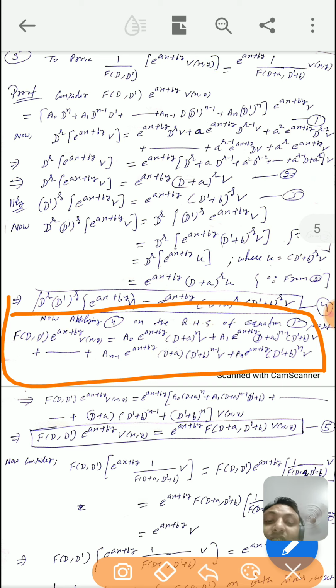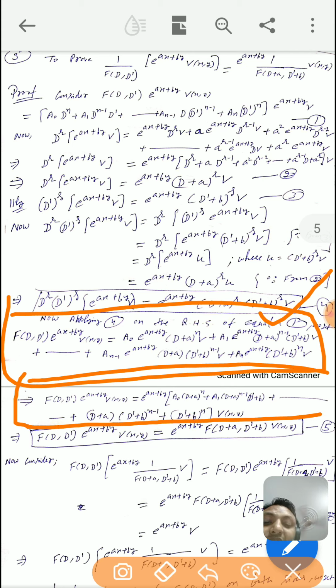And from the right hand side of this equation, take e power ax plus by common on the left hand side. So finally, after taking e power ax plus by common on the left, we get this result, and b x y taken common on the right hand side.